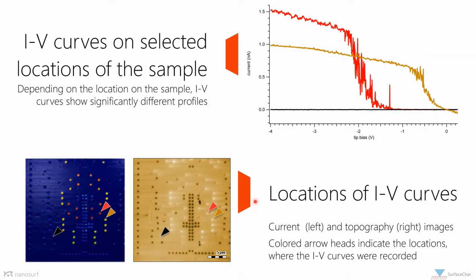And we can do an IV curve on these positions, which means that we ramp a bias voltage while we push the cantilever onto these locations and measure the current flowing through the cantilever at these positions. We can see that, for example, the black curve has no current at all, and the orange and the red curve have significantly different current-voltage profiles.